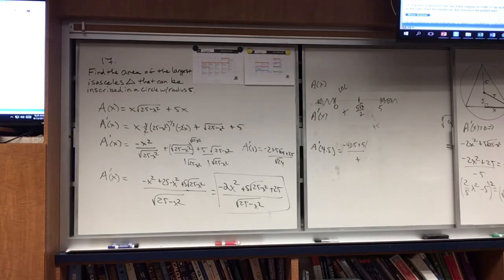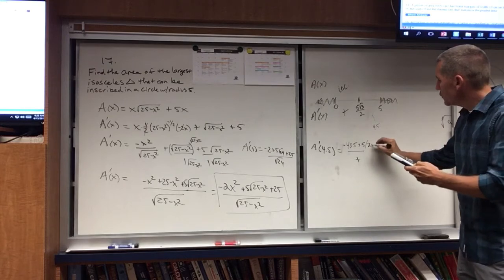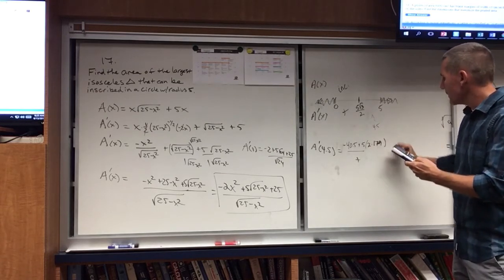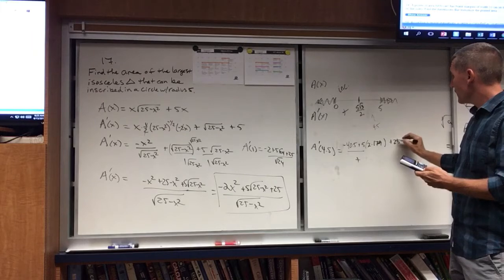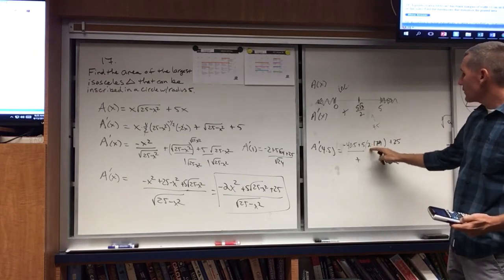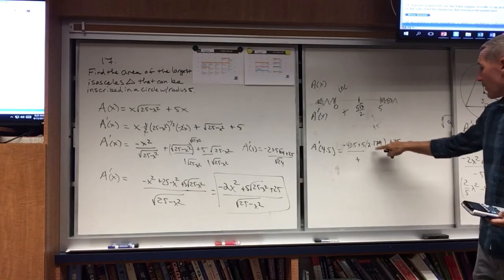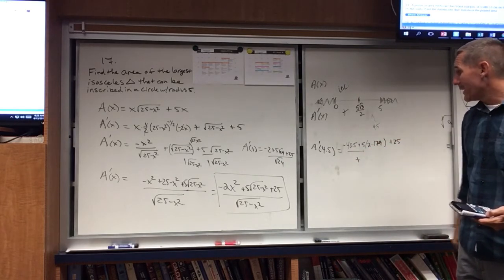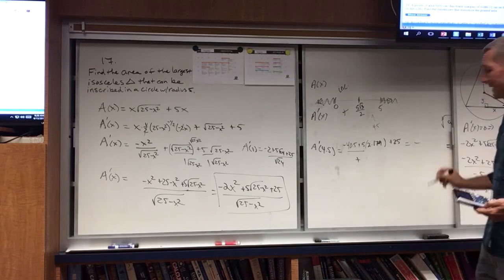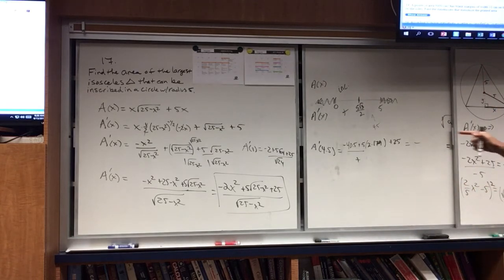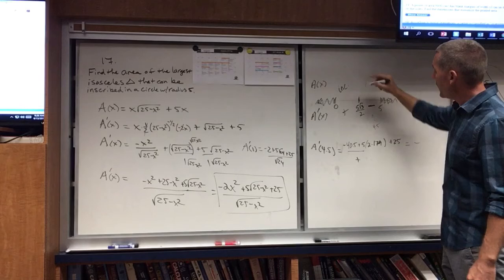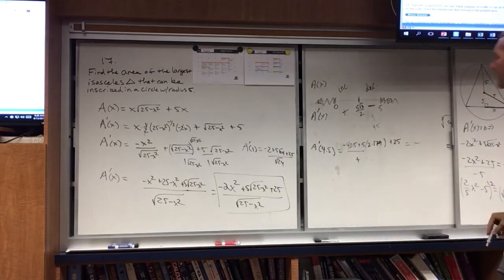Let me go ahead and do that. 25 minus 4.5 squared, and I get 2.179 something, and then plus 25. So this is slightly greater than 10, plus 25 is about 35 point something, but then minus 40.5, so this is going to be negative.